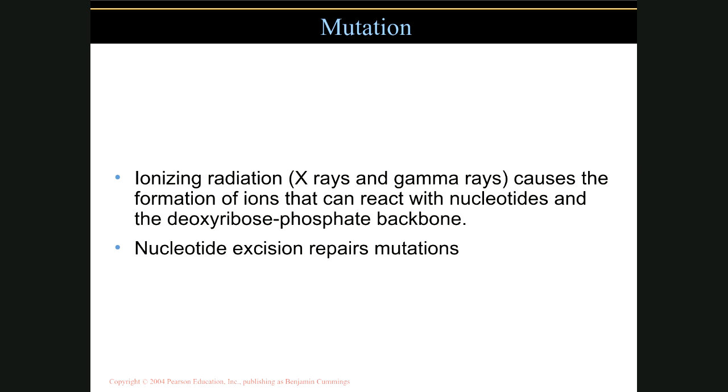When it comes to ionizing radiation, a very important mutagen, because ionizing radiation is very high intensity radiation, very penetrating, it goes right through cells and does a lot of damage to DNA. It causes free radicals to form. And so too many X-rays or gamma rays are lethal, right? They'll kill.